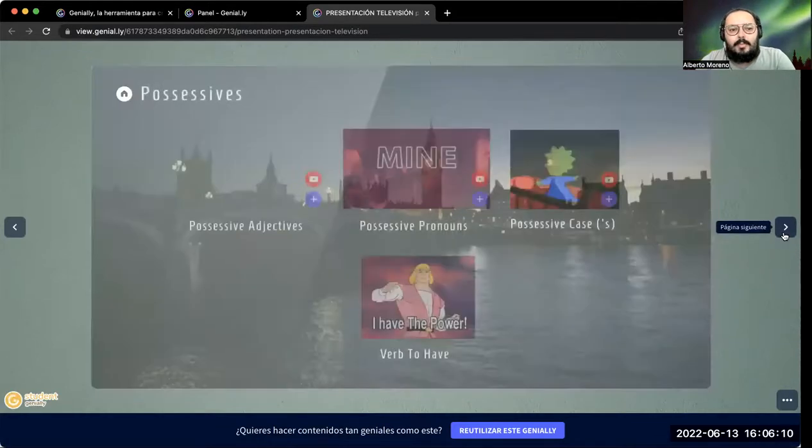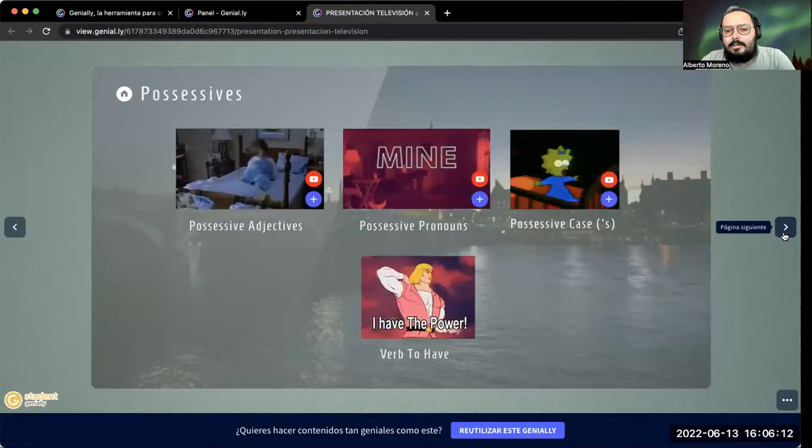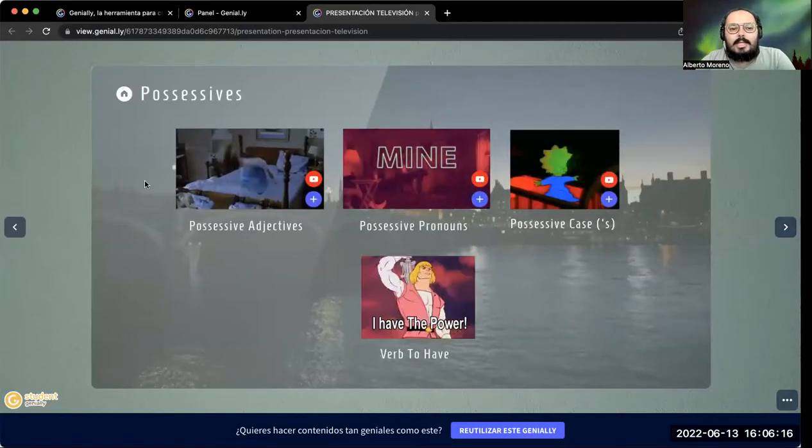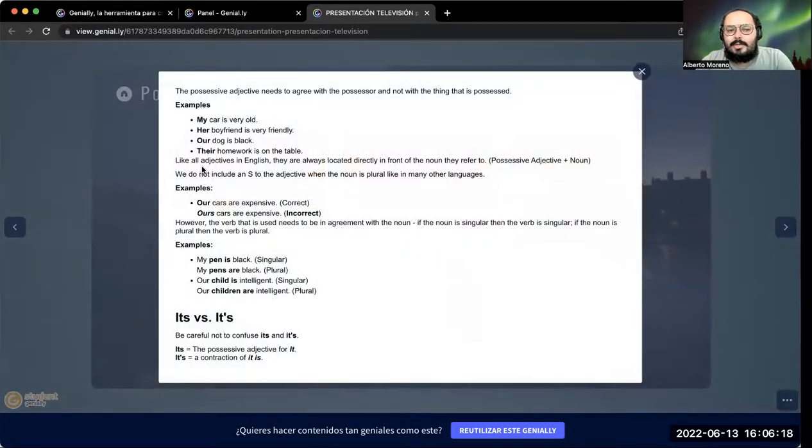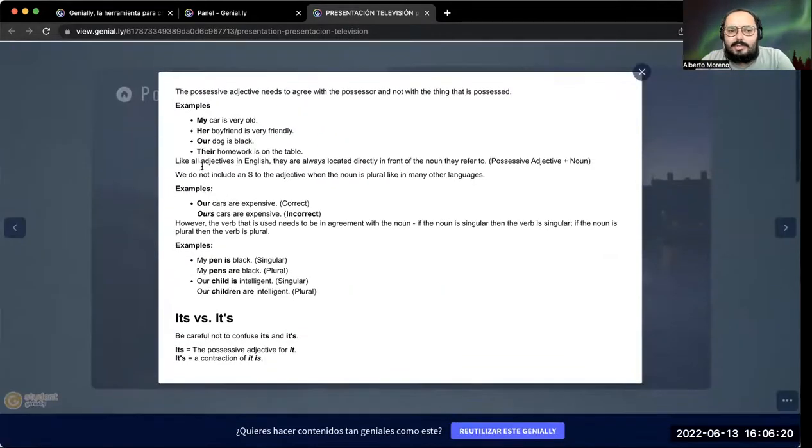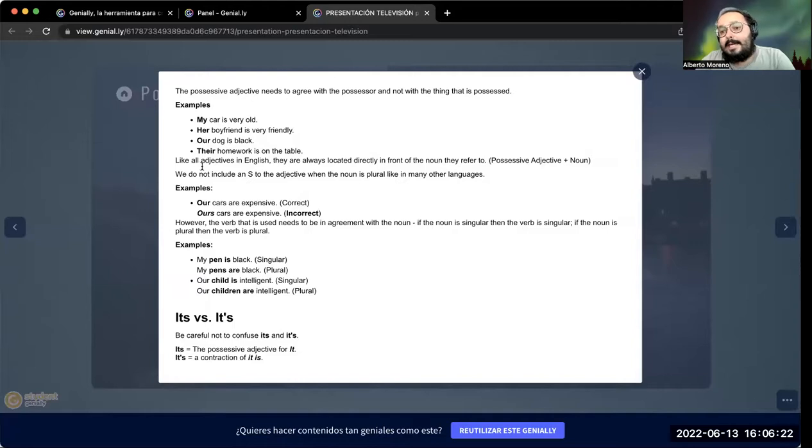¿No? Bueno, vamos a continuar con los adjetivos y pronombres posesivos. Los adjetivos posesivos, ¿qué son? Bueno, los adjetivos posesivos ya lo vimos. Nos ayudan a hablar de que algo es mío, que es mi calculadora, mi vaso.